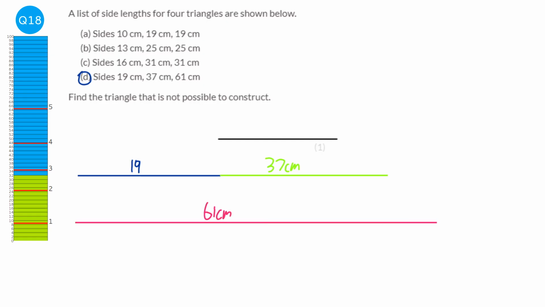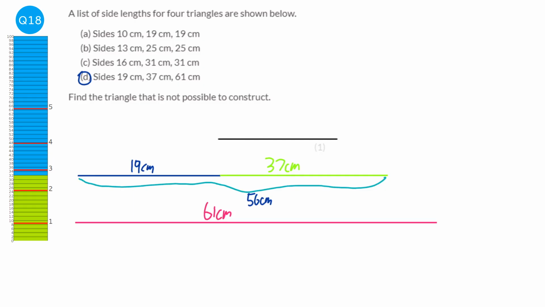Now, looking at the first two sticks, the actual combined distance of them, so when we add them together, so 19 centimeters plus 37 centimeters, is 56 centimeters. So that's the combined width of them. And you can see that that actually wouldn't be able to create a triangle if the third stick is 61 centimeters.